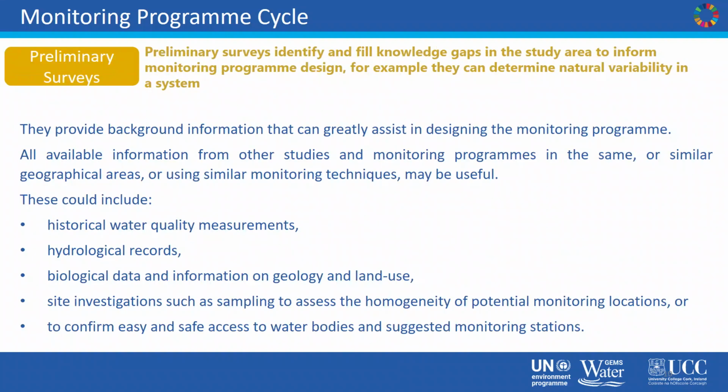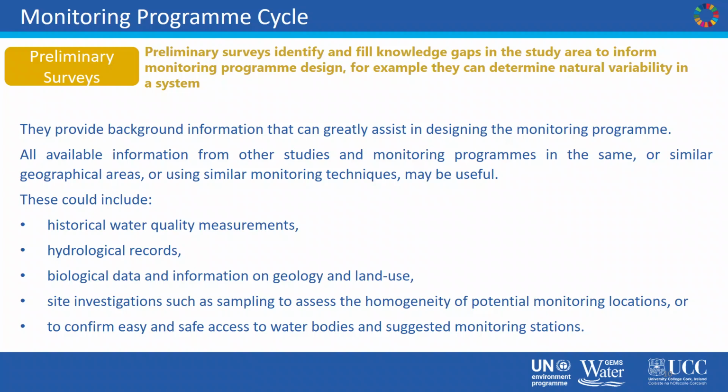The next step in the cycle is the preliminary surveys. These help to fill knowledge gaps in the study area and to inform monitoring program design. For example, they may help to determine the natural variability in water quality at a given site.